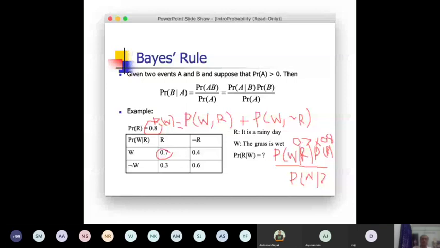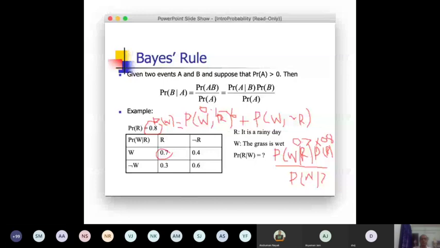So what is the probability of W given R, the joint probability of W and R? That is probability of W given R into probability of R, which is 0.56. And what is the probability of W and not R?